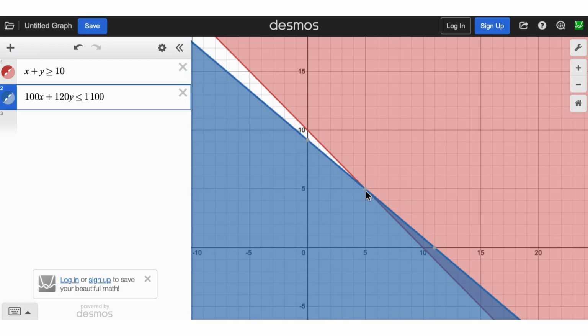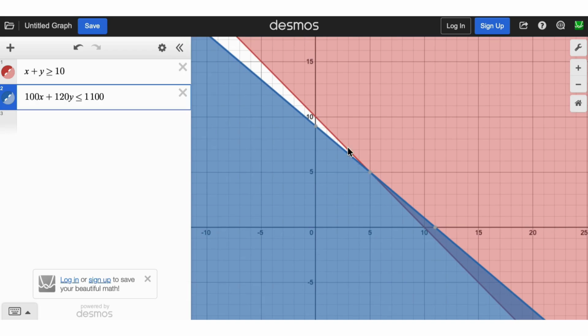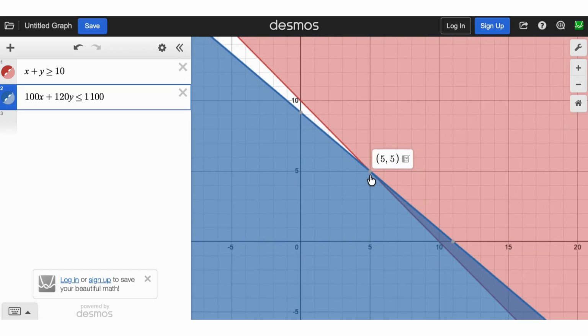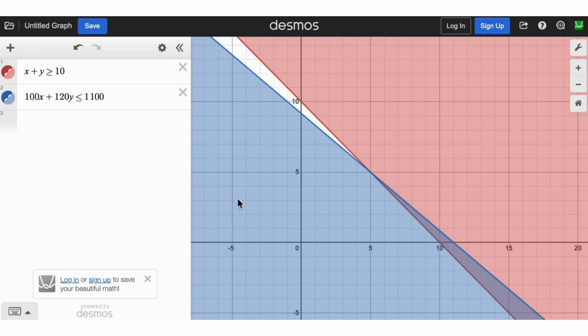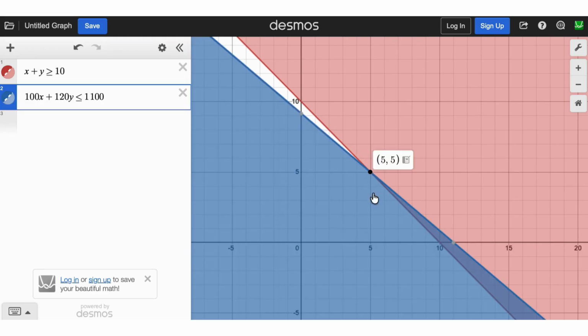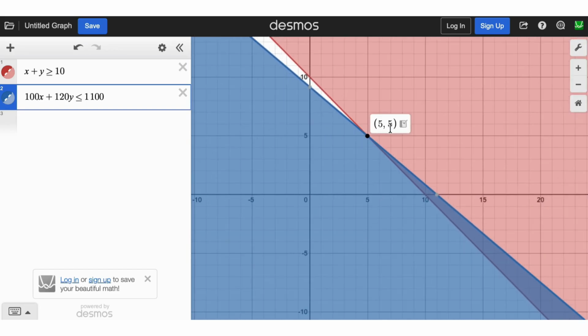And here, your answer lies in this point where the two lines meet. That is where both values are equal to each other, and when both of these conditions are met. Okay, and that is the value you need.